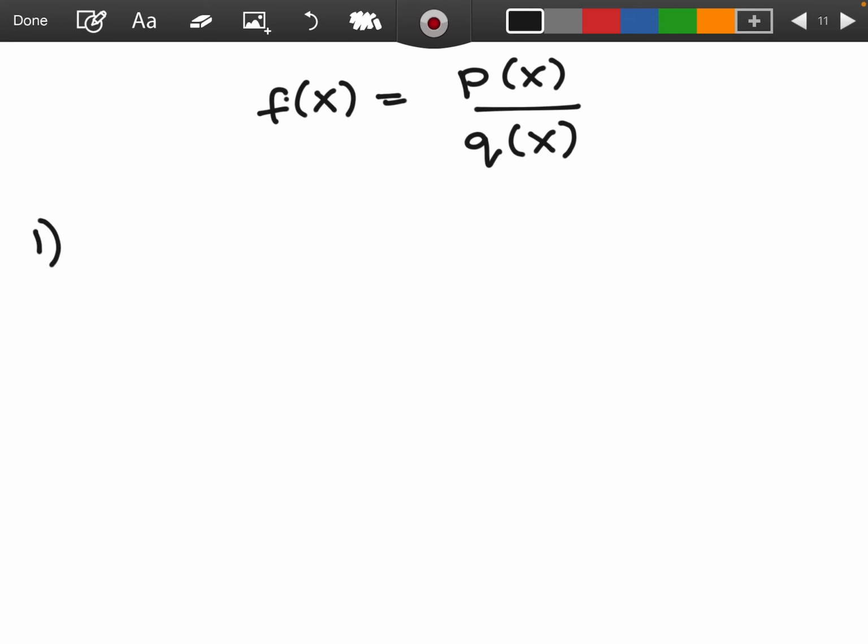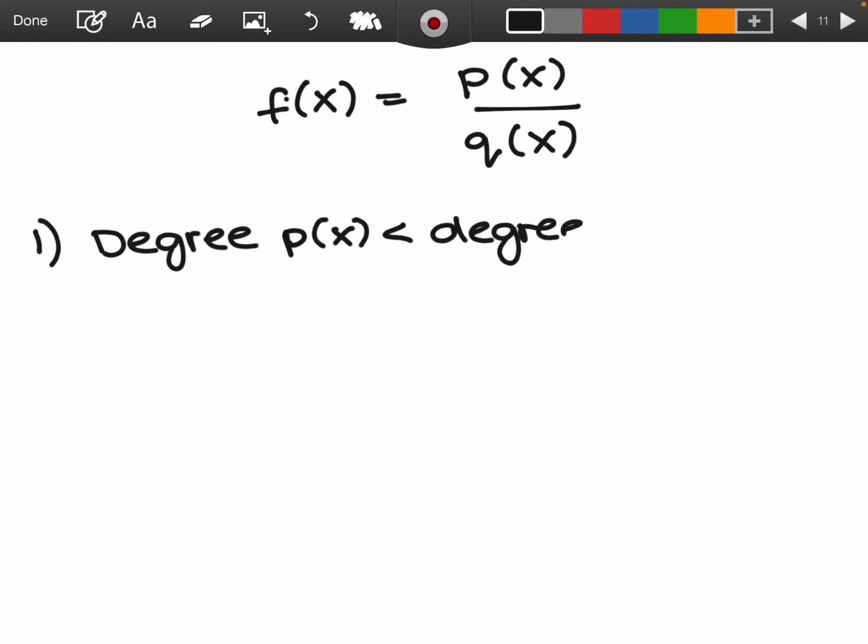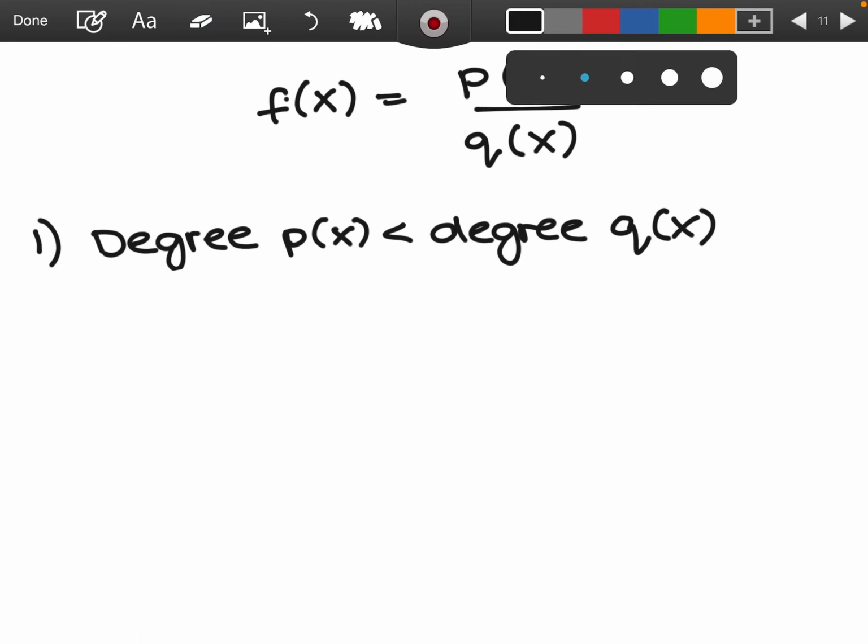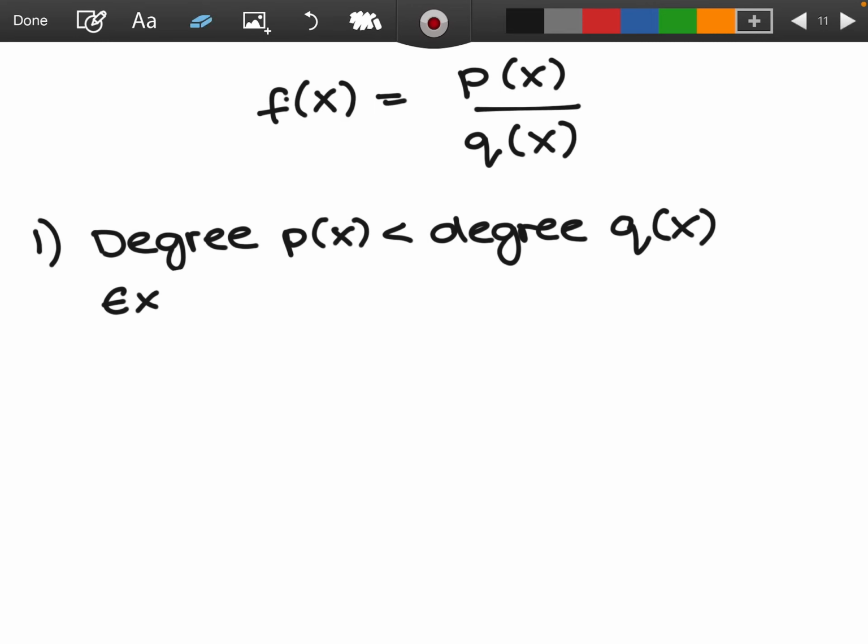The first case that you'll come across is that the degree of p of x is less than the degree of q of x. Okay. So an example could be, let's say, f of x is equal to x over x cubed plus 1.